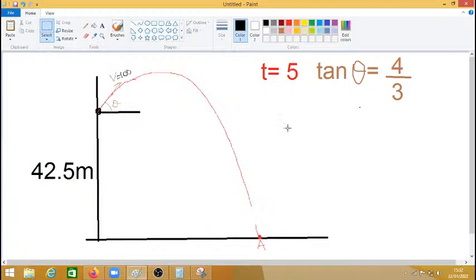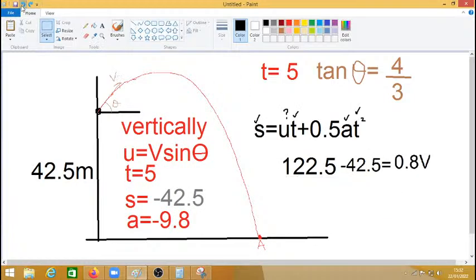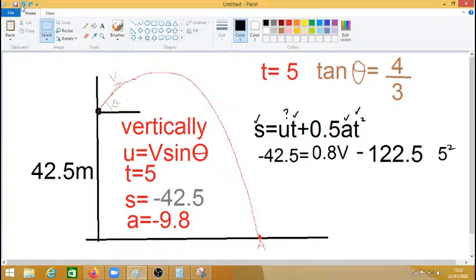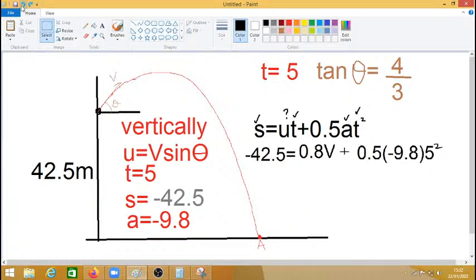Okay, carrying on. The next part of the question is, oh, that doesn't look right. Something's gone wrong there. I've forgotten the t.